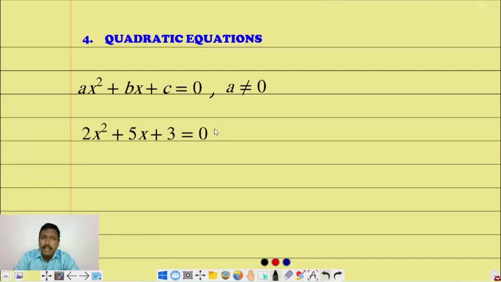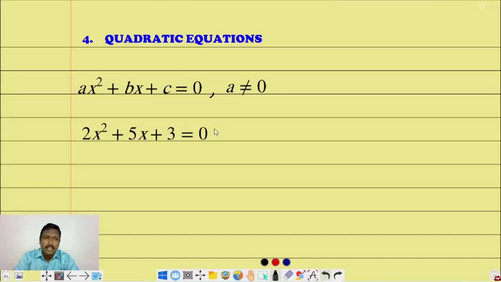Any equation of the form ax square plus bx plus c equal to 0, we can call a quadratic equation, but the condition is that a can never be 0. The coefficient of x square can never be 0. So equations of the form ax square plus bx plus c equal to 0 are called quadratic equations.